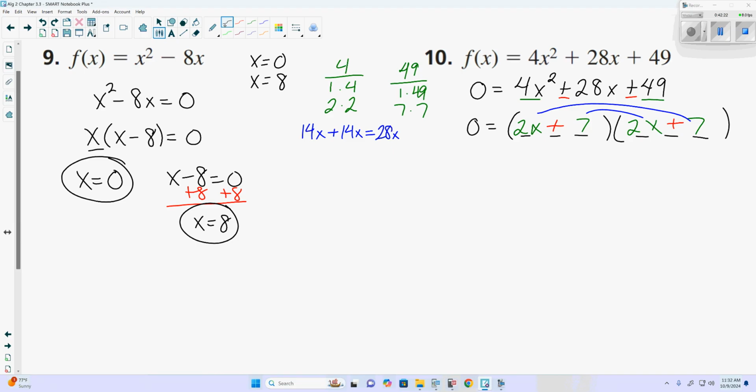Okay. So at this point here, we can set both of these equal to 0 and solve for x. So I subtract 7 from both sides.